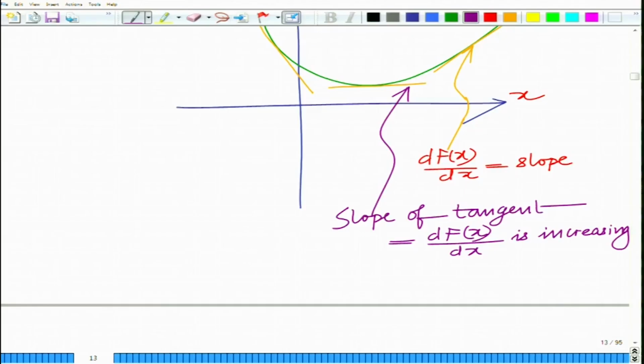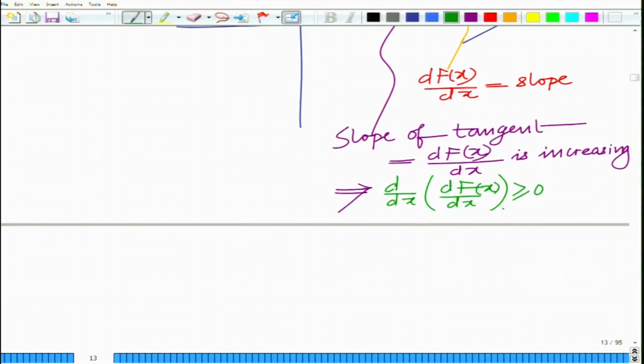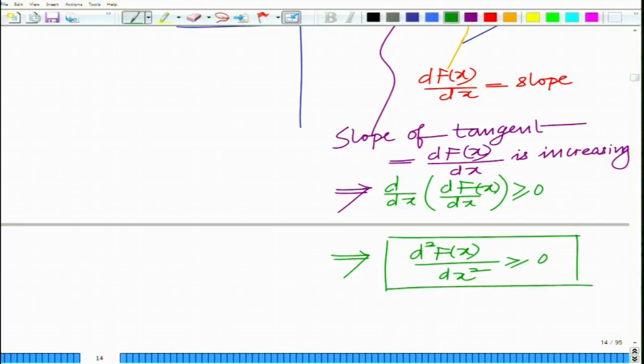Now, here the slope is constantly increasing, monotonically increasing, which means that the derivative of the slope must be greater than or equal to 0. This implies that the derivative of the slope, d by dx of df(x) by dx, must be greater than or equal to 0 for a convex function, which gives us the result that d square f of x by dx square is greater than or equal to 0.